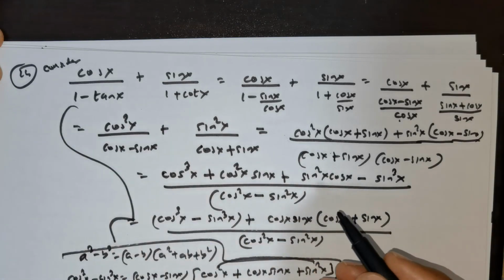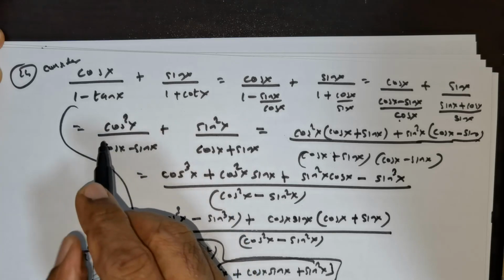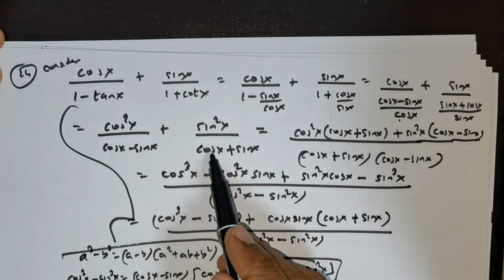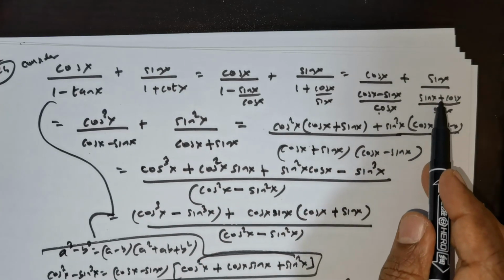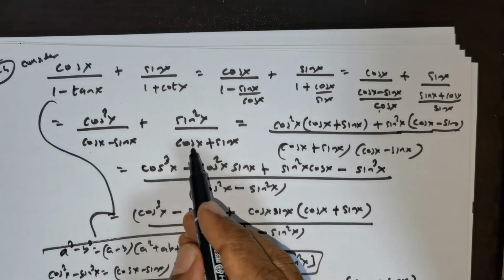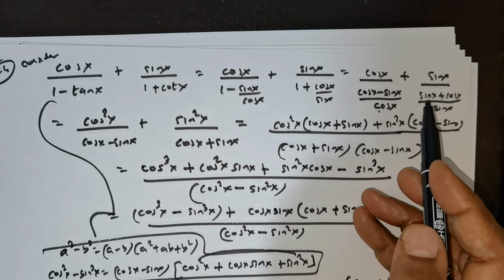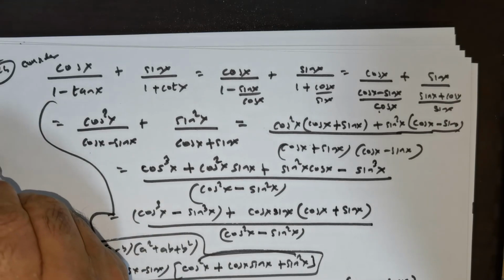That would be a simpler result. So this is going to be cos x minus sin x, and this will also be cos x minus sin x. You see, this plus is changed to minus, so we would have cos x minus sin x also here. So that would mean the result is much more simple. So let me show you that.